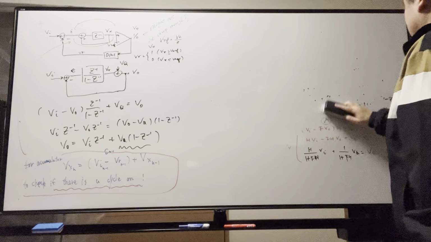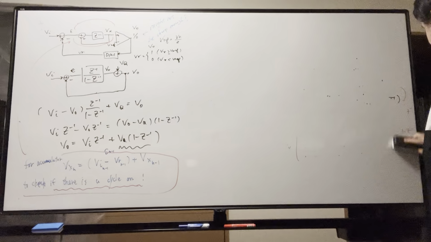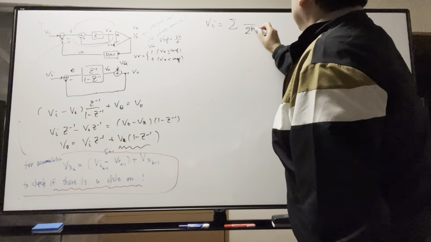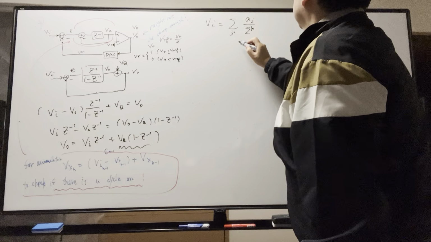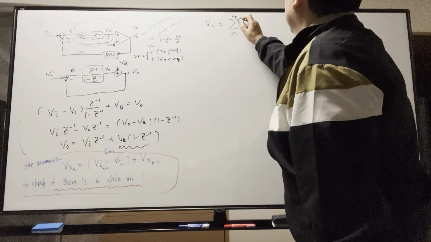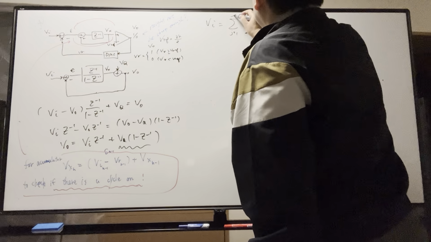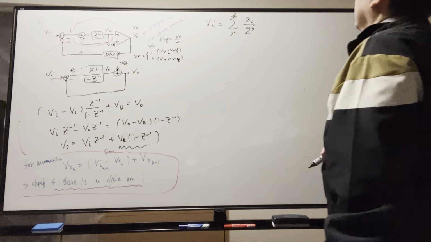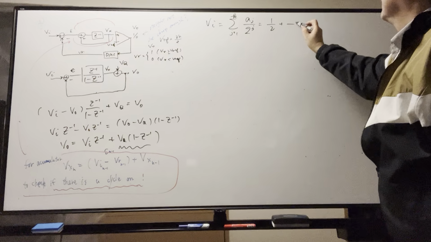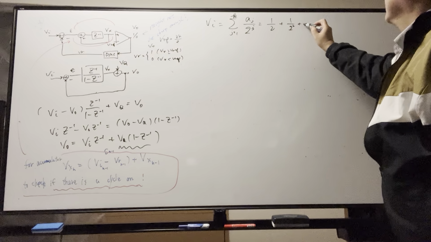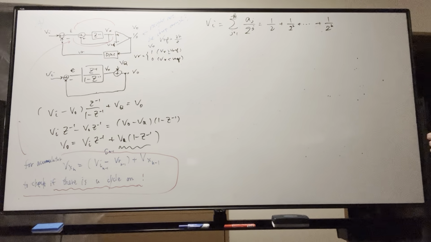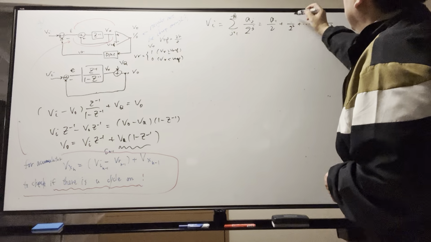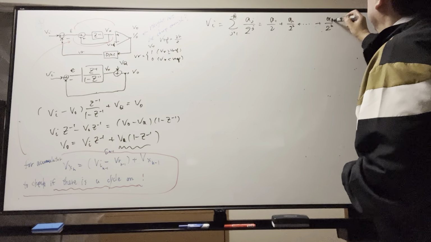So Vi is written as the summation over j equal 1 to K of a_j times 2 to the -j, that is, a1 over 2 plus a2 over 4 plus up to 1 over 2 to the K, with a1, a2, up to aK, where aK equals 1.